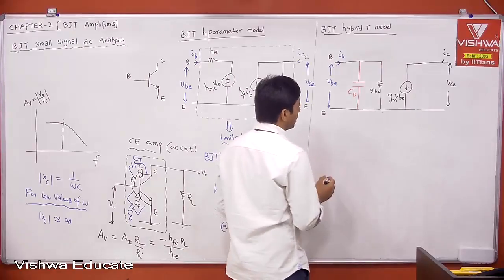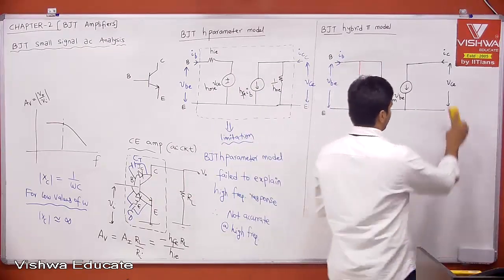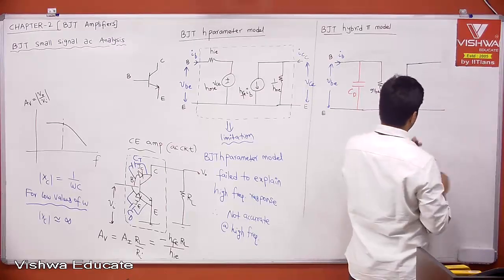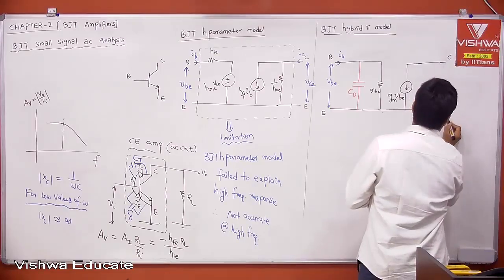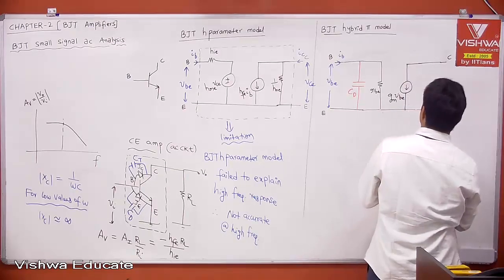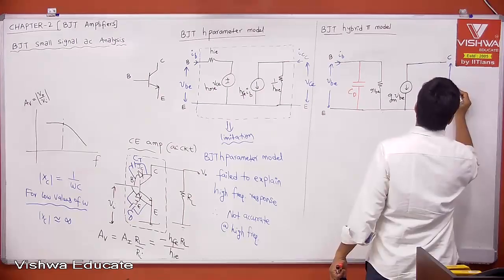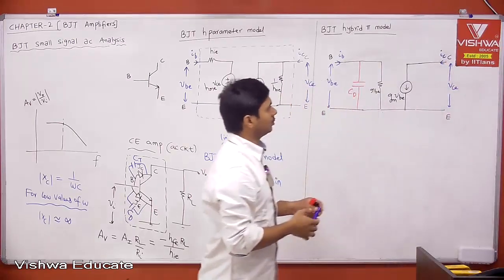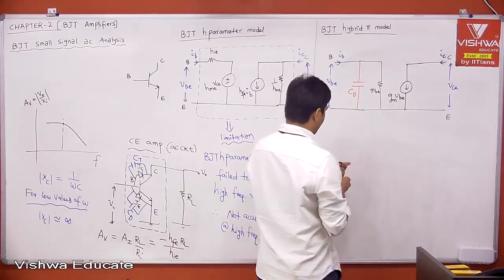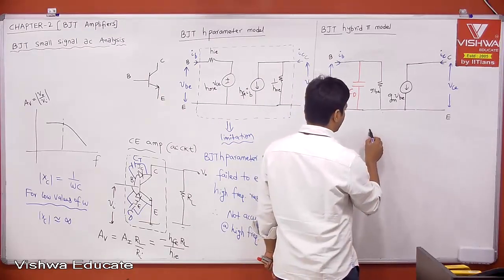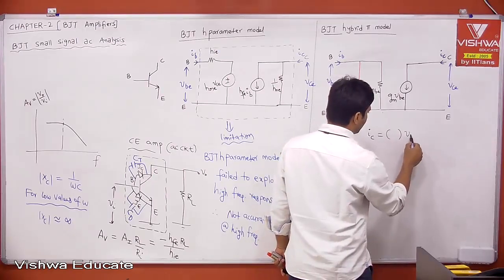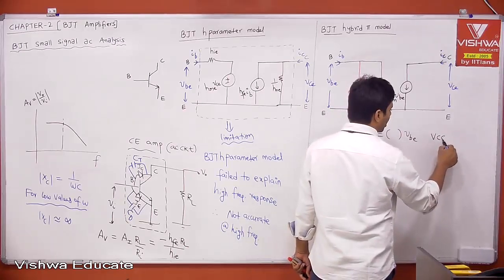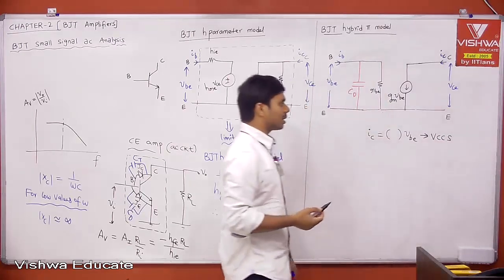Because this is collector, emitter, this is VCE, and this is IC. I want IC, therefore IC is equal to something into VBE. I want output current to depend on input voltage, then only it is a voltage controlled current source.